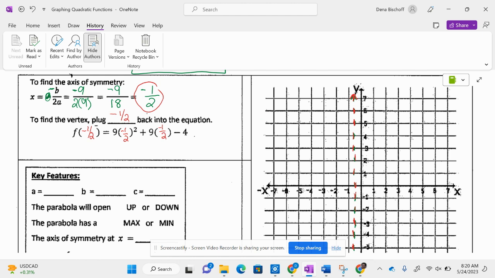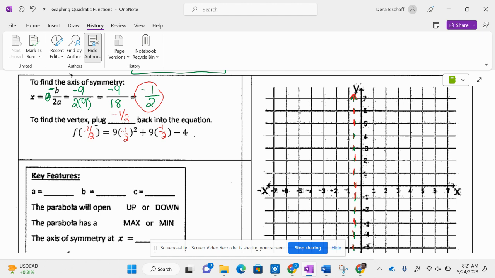And I'm going to do all of this in my what? In my calculator. So I'm going to do it all at once. Here's what I'm going to type in. I'm going to write that here because I just need to see it.